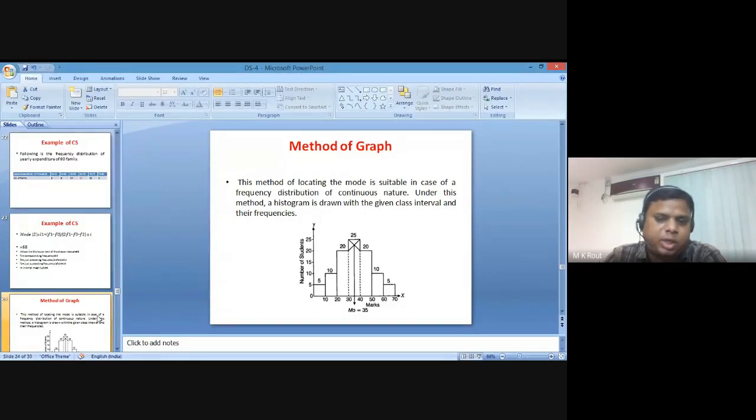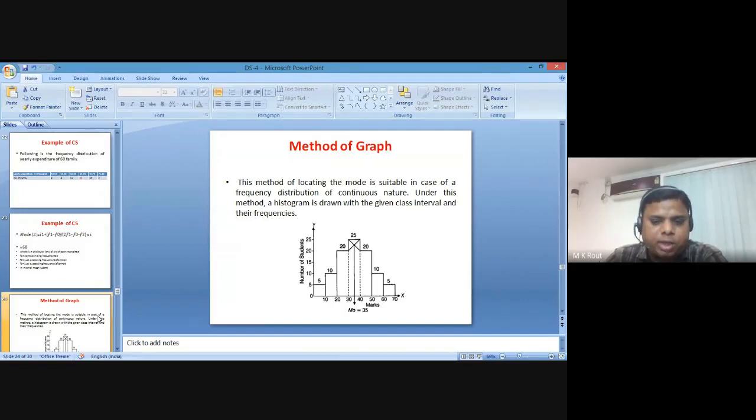Here in this particular example, the number of students and their respective frequencies are given according to the frequency distribution. So first you have to draw that, 0 to 5 is 10, then 5 to 10 is 20, and all the respective marks should be given. By drawing this histogram, most of the bars are rectangular in size.